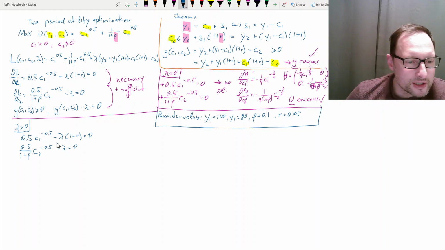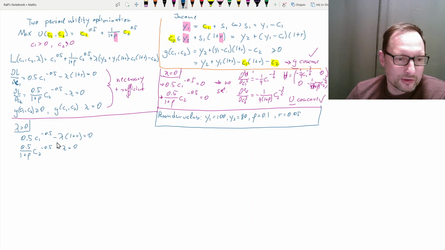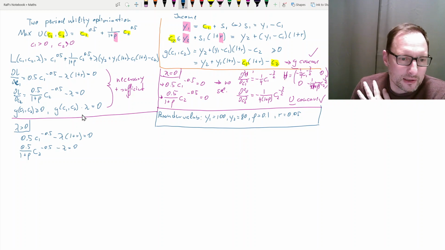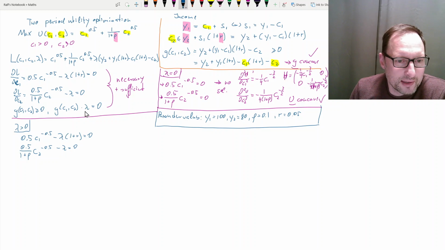We're having two equations with three unknowns, c1, c2 and lambda. We need a third condition. We get that from the complementary slackness condition. If lambda is larger than 0, for complementary slackness to be true, we know that the constraint g has to be equal to 0.